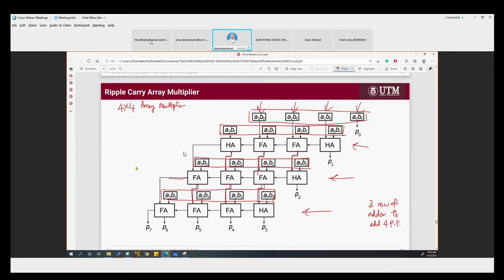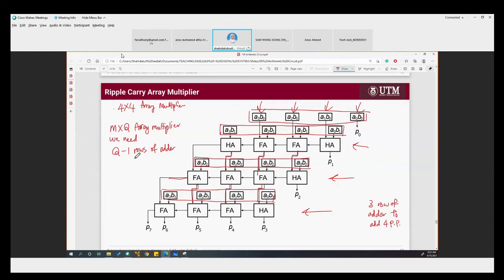The input of the next partial product, which is this one. Right? So if we have m by q array multiplier, we need q minus 1 rows of adder. Okay?